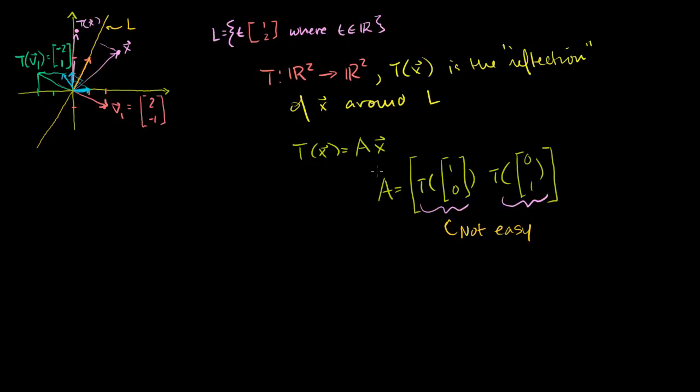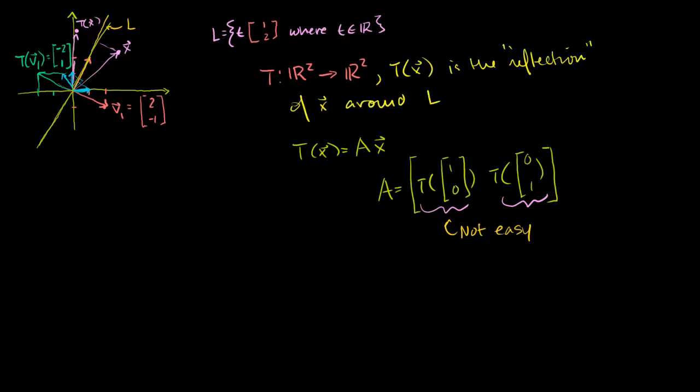So you might have an insight here. We've been talking about alternate coordinate systems, and this transformation looks difficult in our standard coordinate system because we're reflecting around this line right there. But what if we defined a coordinate system where reflection around this line was more natural? And you might already see an interesting coordinate system.